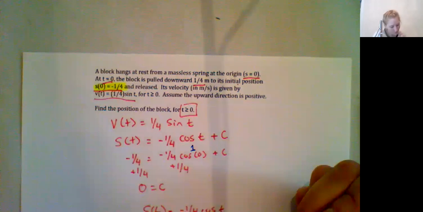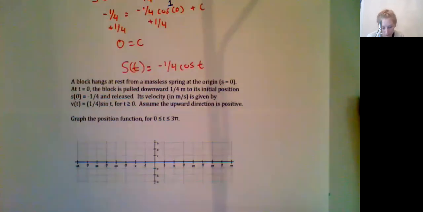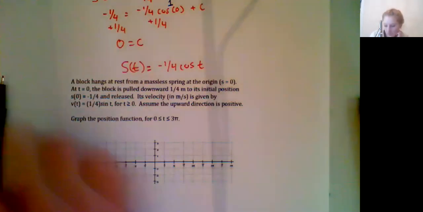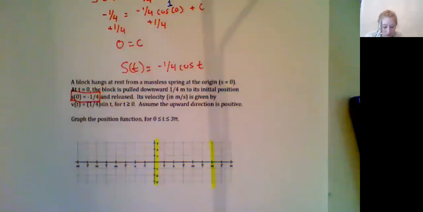Okay. All right, so now the next part wants us to graph this on the interval from 0 to 3 pi. Okay, so 0 to 3 pi. Okay, so what I want to think about with this is we know initially the block is down at -1/4.